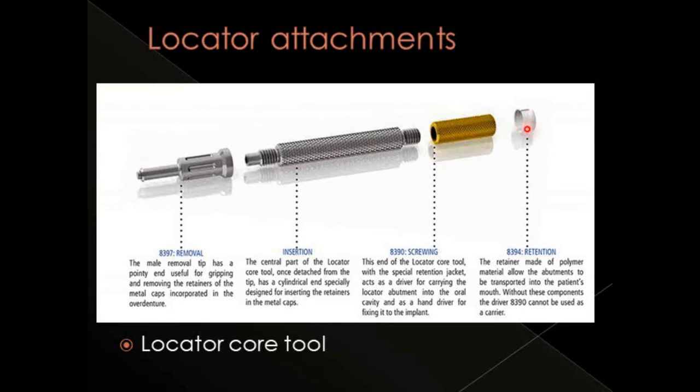So without this plastic case, we cannot use this portion as a driver for carrying the locator abutment. So in order to carry the locator abutment to tightly fit into this, we need the plastic ring. So these are the 4 portions of the locator core tool. So the tip is for removal, and this is for insertion, screwing, and this one is for retention of the abutment onto the screwing tool.